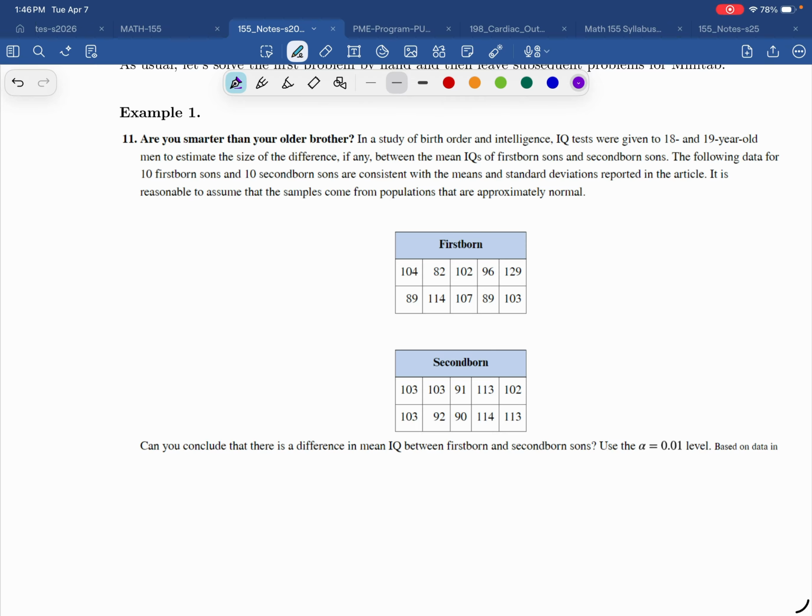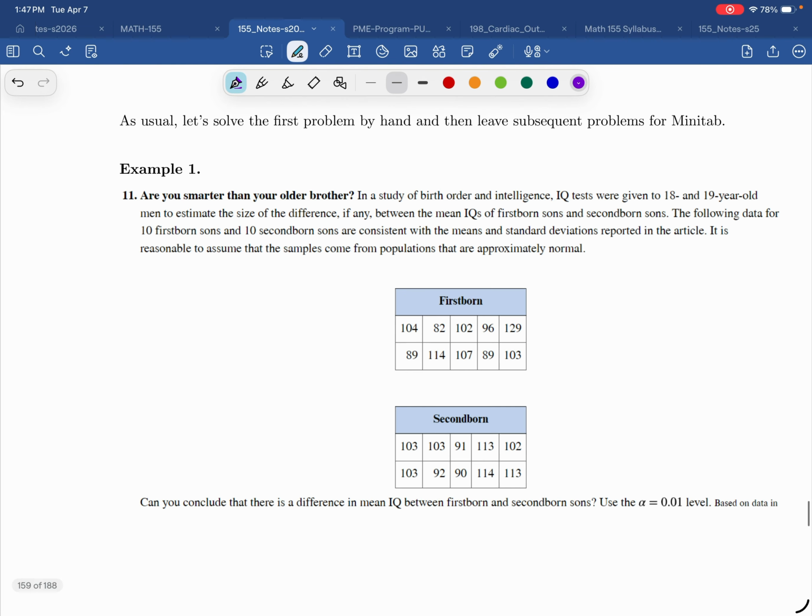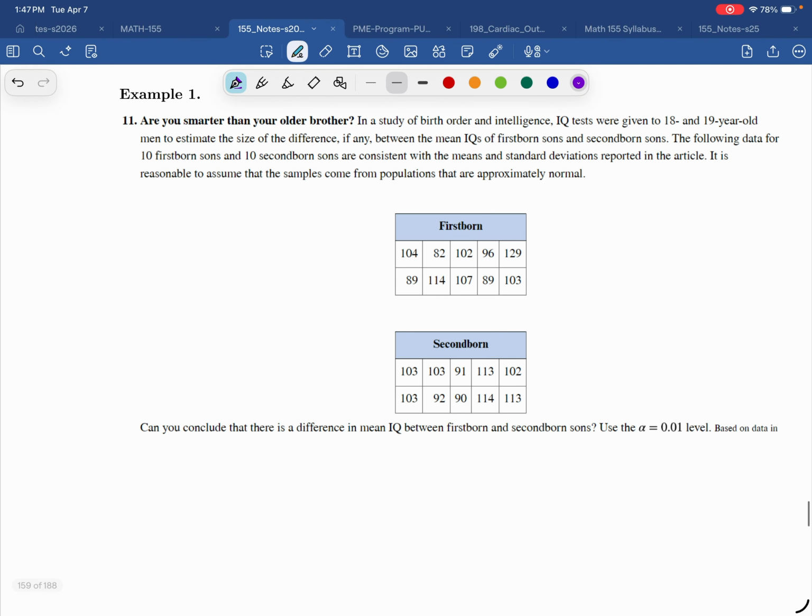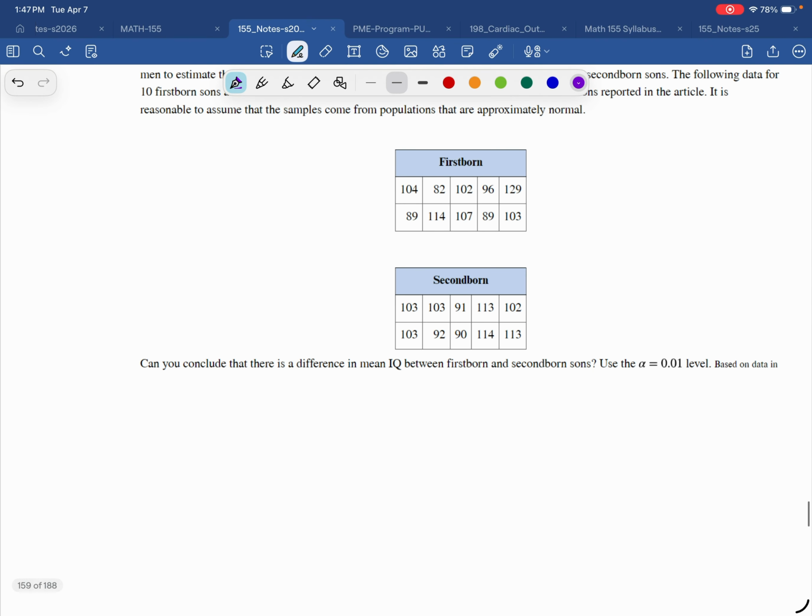Are you smarter than your older brother, right? You can pause this and read the question. We've got this data, and can you conclude that there is a difference in mean IQ between firstborn and secondborn?